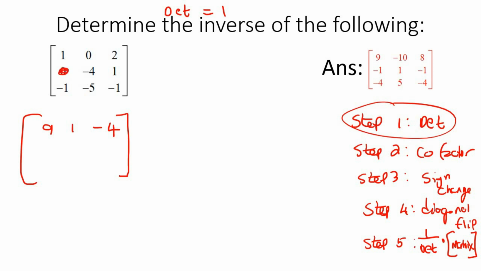You then do this one, so you put a line, and that's going to give you 0, and then minus -10, so that gives you 0 plus 10, which is 10. There we go. Then you block, and then you're going to do 1 times -1, which is -1, take away 2 times -1, which is -2, so it becomes -1 plus 2, which is 1.